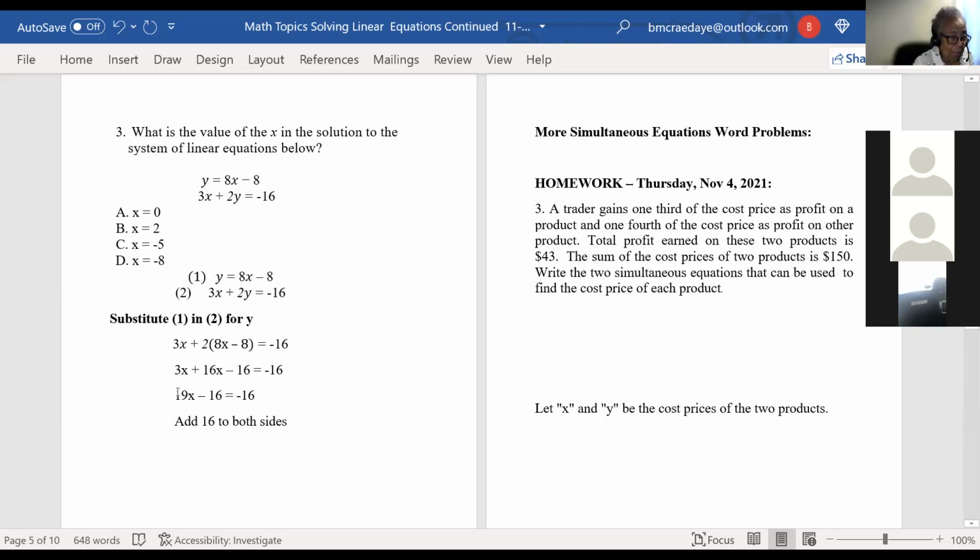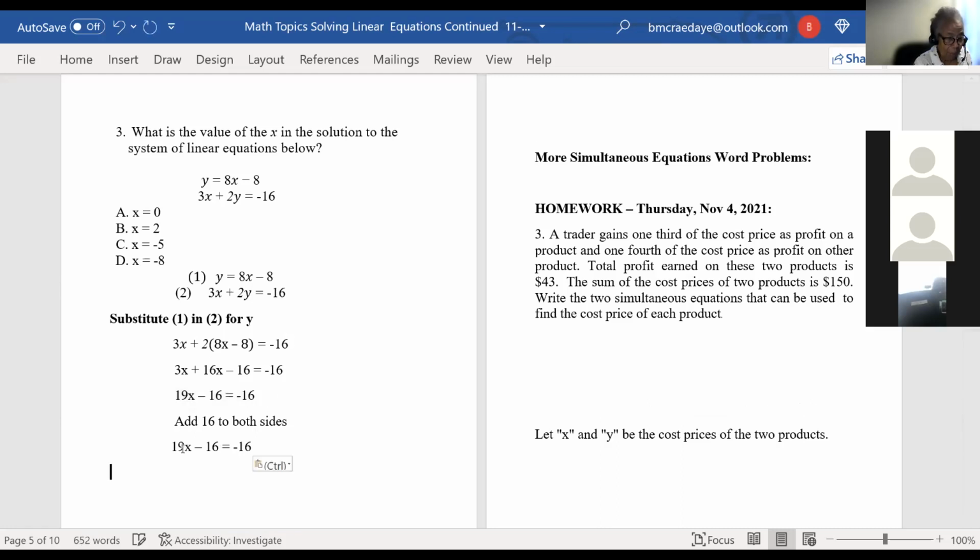And let's just do that. Take this equation, add our 16 to both sides. Add 16 on the left. Add 16 on the right. What do I get on the left, Vanessa?